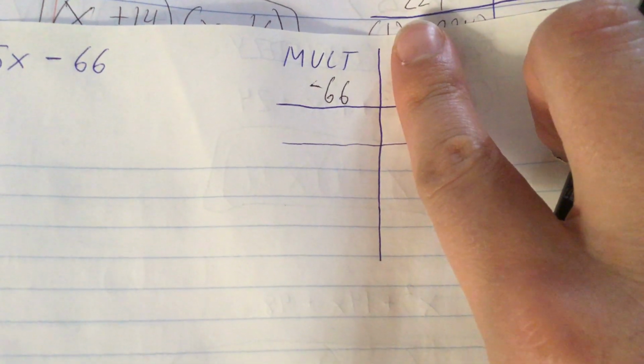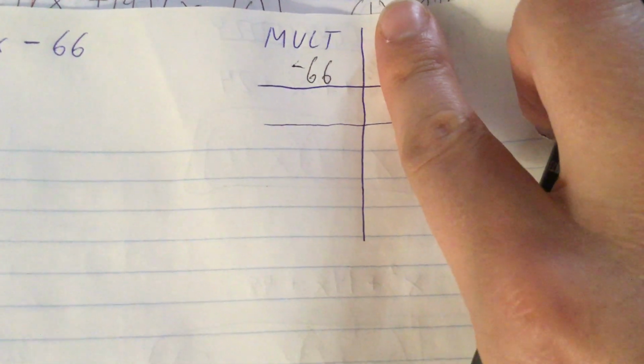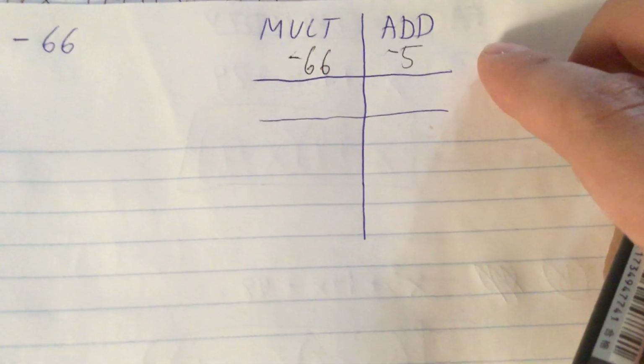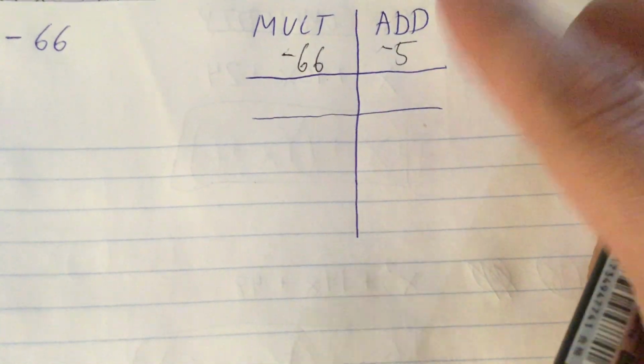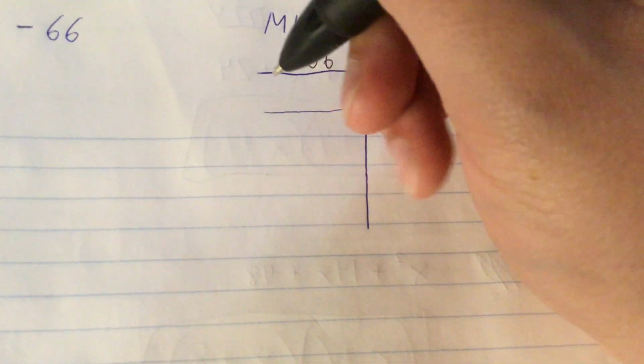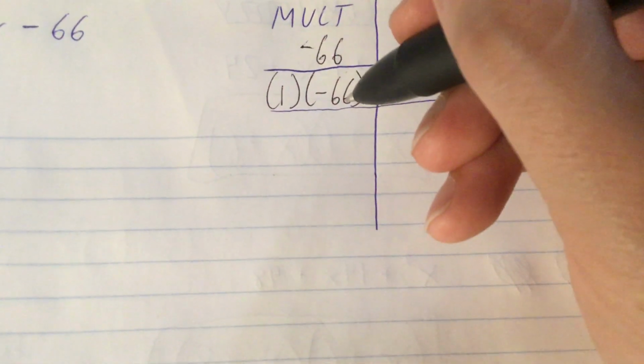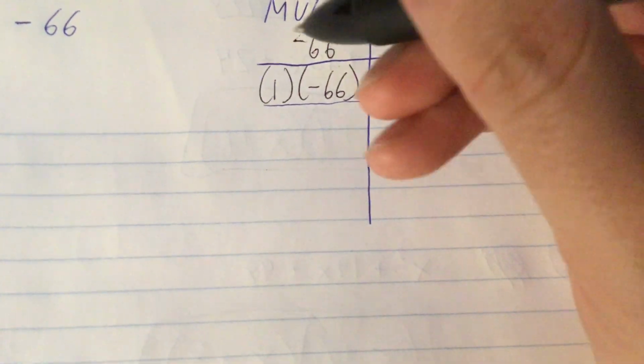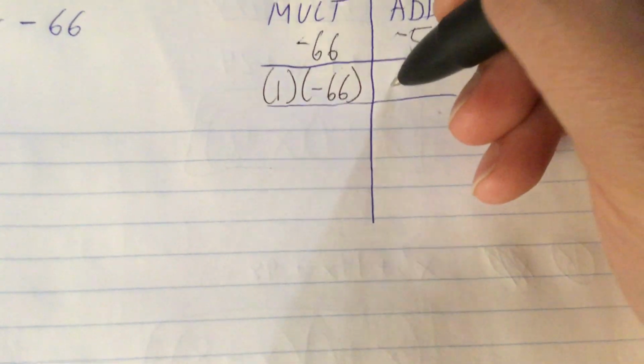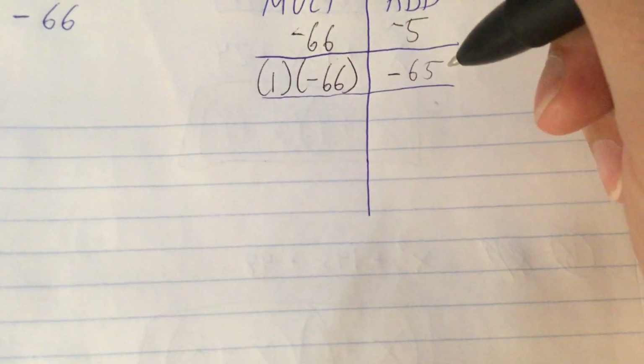Well, that means it has to be one positive, one negative. But which one is stronger? Bigger negative. The negative number needs to be bigger than the positive. So let's go 1 and negative 66. 1 times negative 66 is negative 66. 1 plus negative 66 is negative 65.